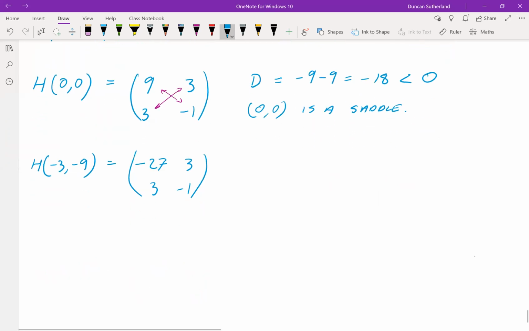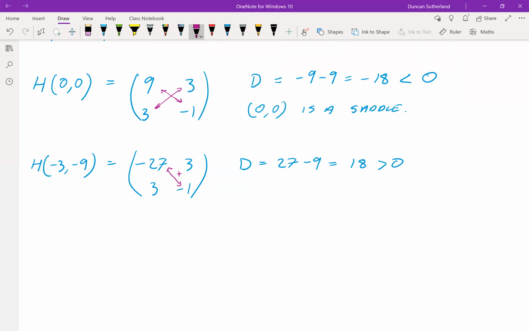Okay. The next one I got to do is this one. So I compute the determinant. I get 27 minus 9. That's 18. Now, obviously, that's much bigger than 0. So I've now got to work out the trace. And the trace is clearly negative. So the trace is the sum of the diagonal elements.